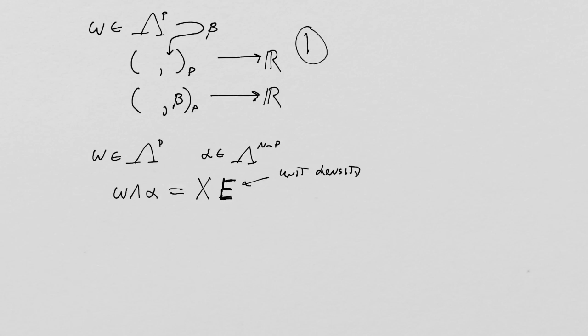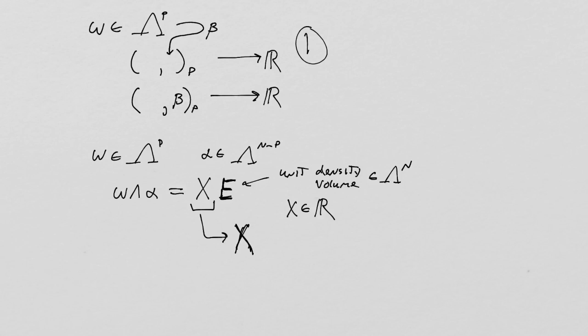I have to be careful because I say unit density, but it's frequently called the unit volume, right? And remember, it's an element of the nth exterior power, which is one-dimensional. And that's why we can write this down, because this thing is one-dimensional, and x is therefore an element of the real numbers, right? So if I peel away x, it's unique.